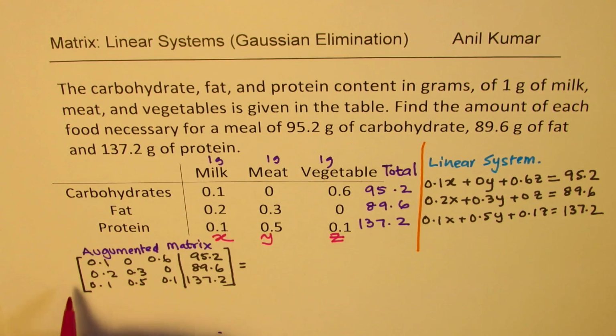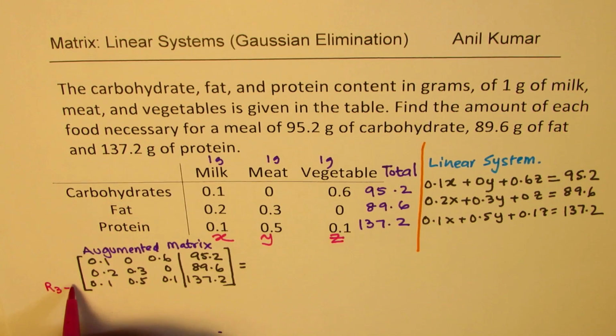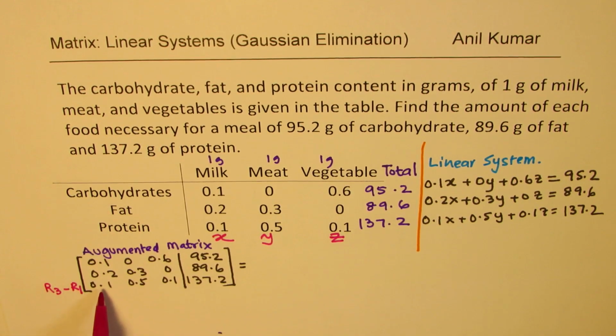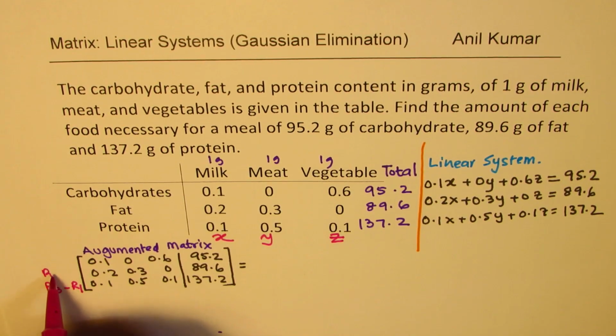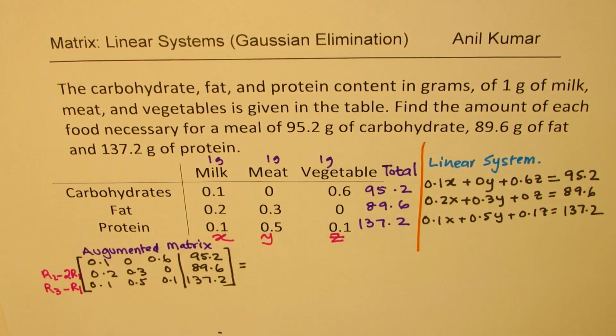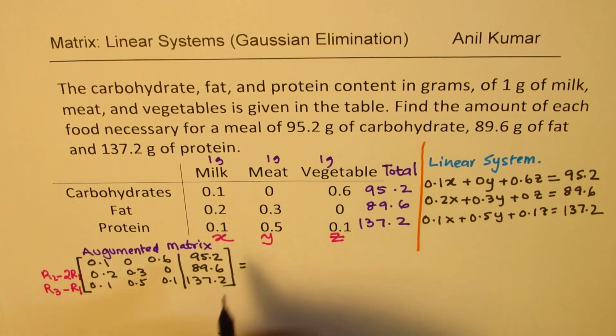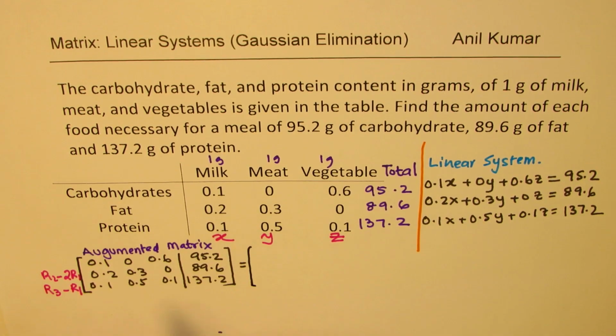In the third row we'll do row 3 minus row 1, so I'll get a 0 here. And to get 0 here, I'll do row 2 minus 2 times row 1. So 0.1 times 2 will be 0.2, and when I take it out, it will be 0. So with that, let's begin.